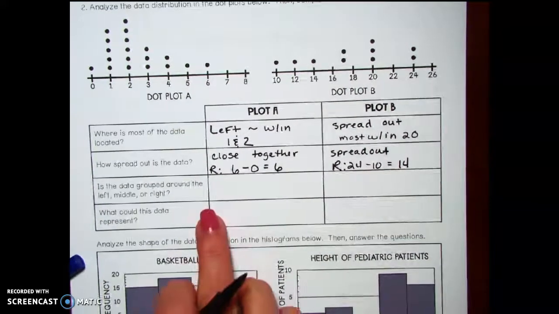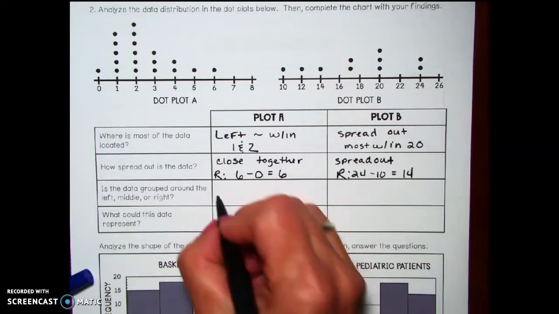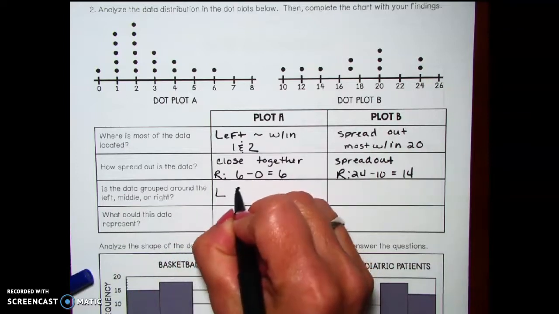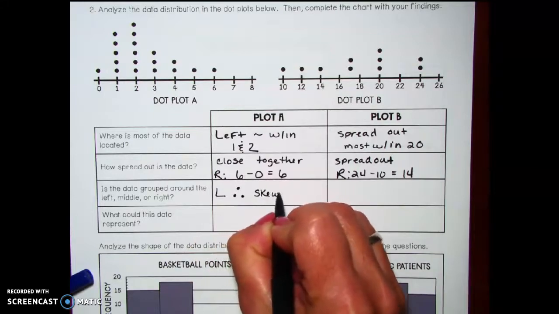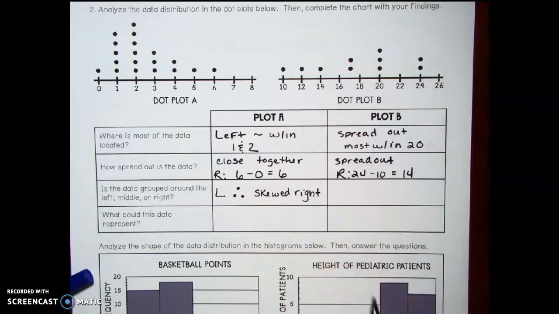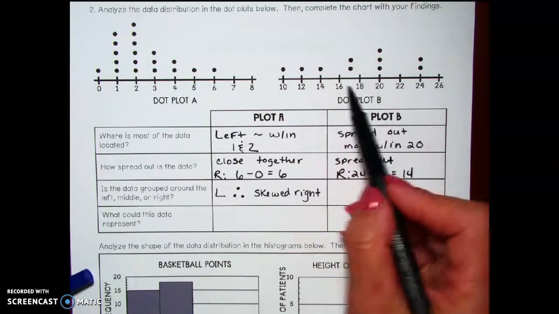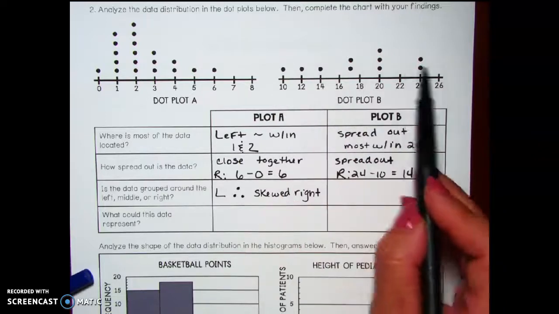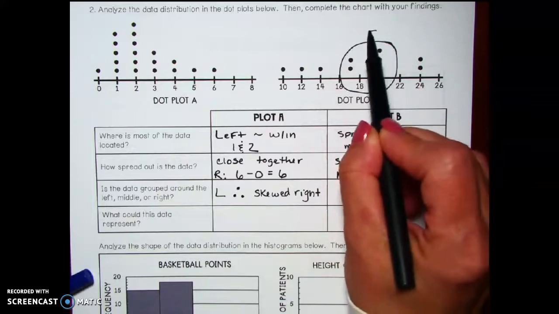Now, is this data grouped around the left, the middle, or the right? This is grouped around the left. Therefore, and this symbol means therefore, it is skewed right. This one, it's around the middle. So here's 3, here's 2, and here in the middle, there's 5. It's kind of interesting.